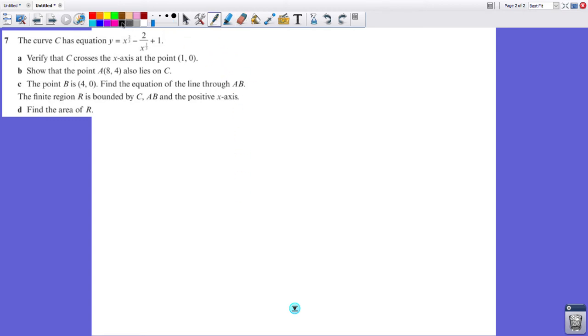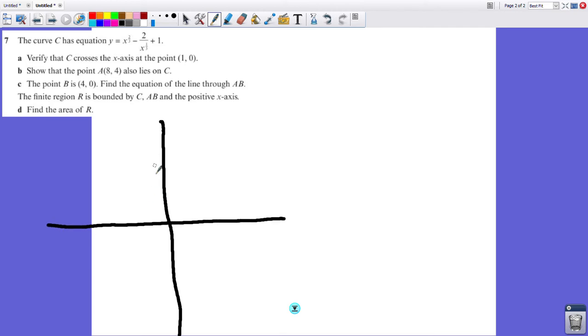I think the difficult thing about this particular question is it's quite hard to visualize what that curve actually looks like, but we should focus on the things that we know. For example, we know that it crosses through the point 1, 0, it crosses through the point 8, 4.